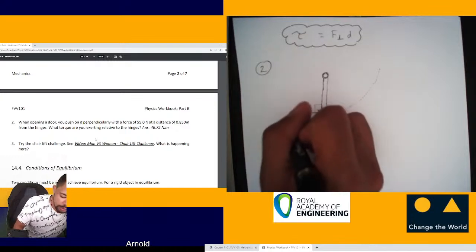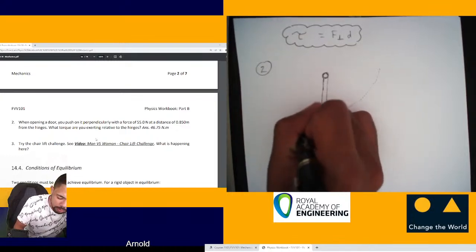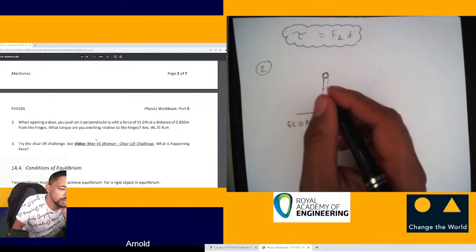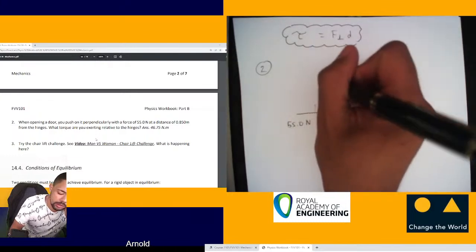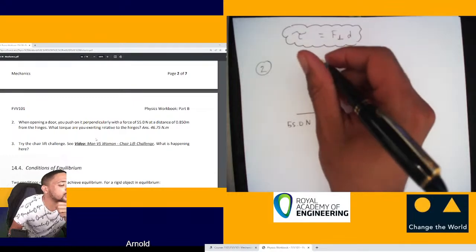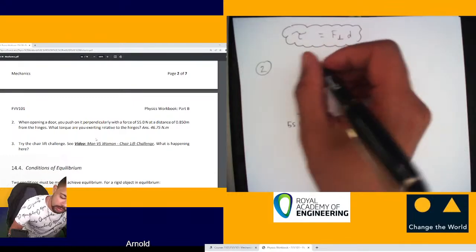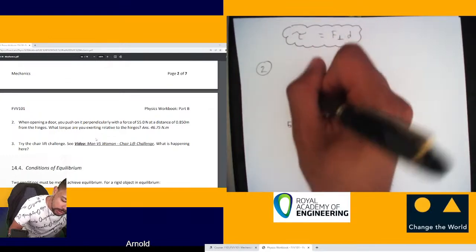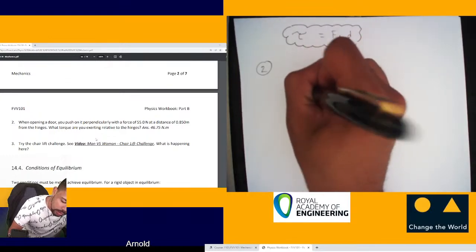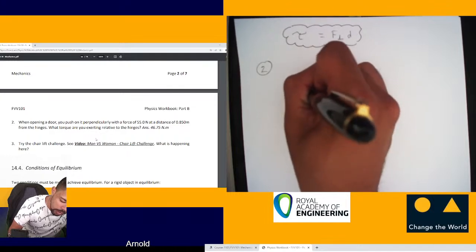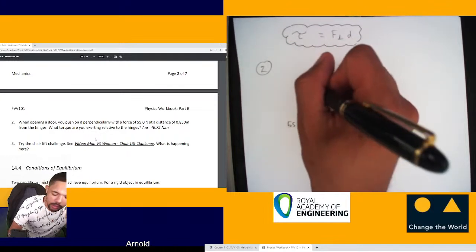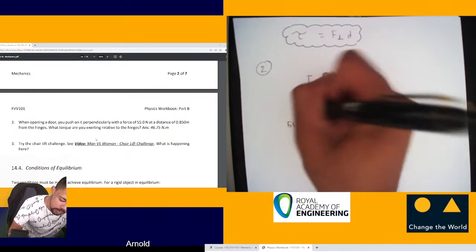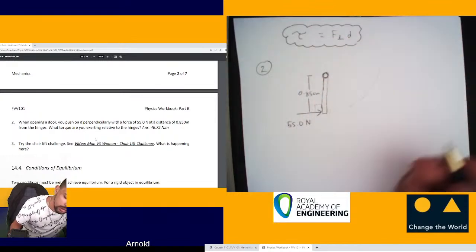And the force is 55.0 newtons at a distance of 0.850 meters. So this distance that this force is acting from the hinges is 0.850 meters.